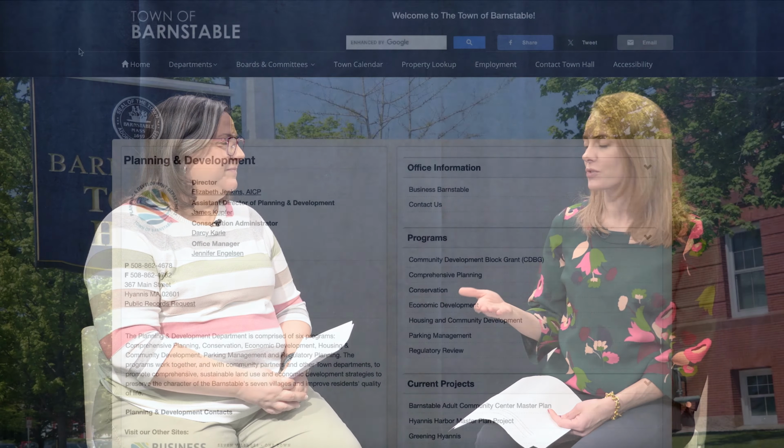I think it's important to know that when we talk about wanting to add new housing to Downtown Hyannis, we're not just talking about encouraging development. We're doing this project in the context of a fantastic effort to look at our entire transportation network and make it flow more efficiently.